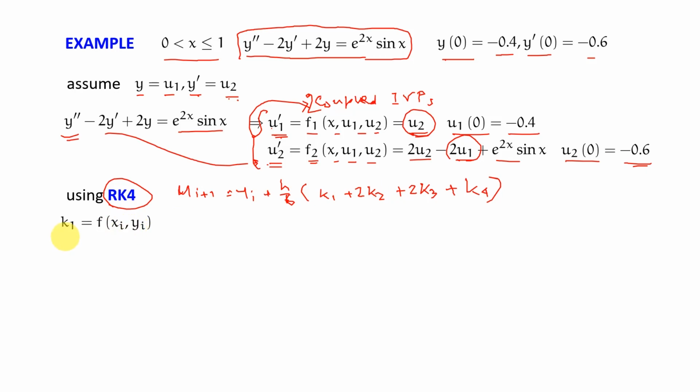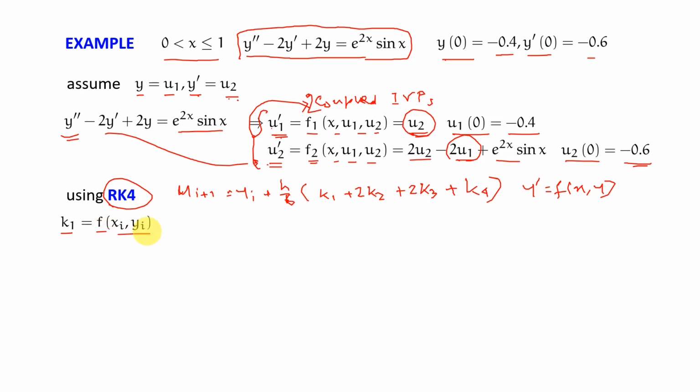And this k1 is given by f(xi, yi). This comes from the fact that y prime is f of x, y. For this sort of equation, k1 is f(xi, yi).